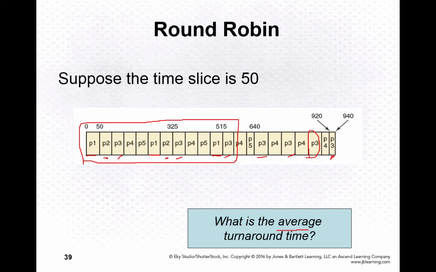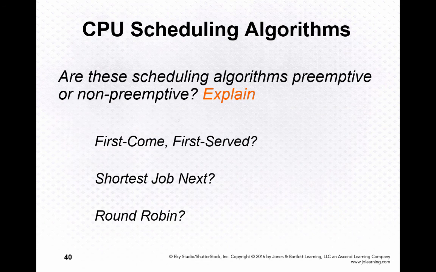And divide that by 5, and what I'm getting is 678 milliseconds. And that's significantly worse than we saw for the optimal one, which was like 435 or something like that. However, this has some other nice properties, even though the turnaround time isn't minimized.